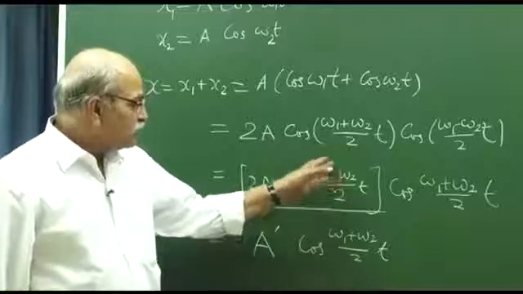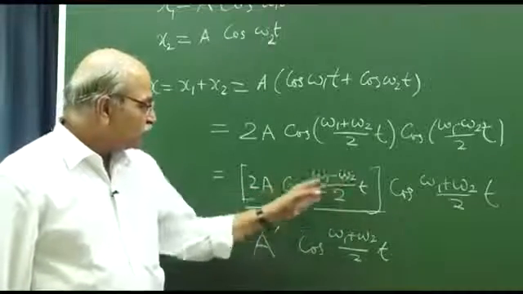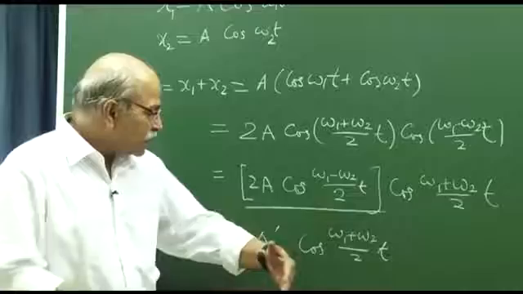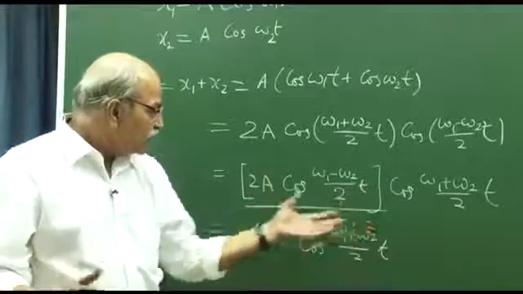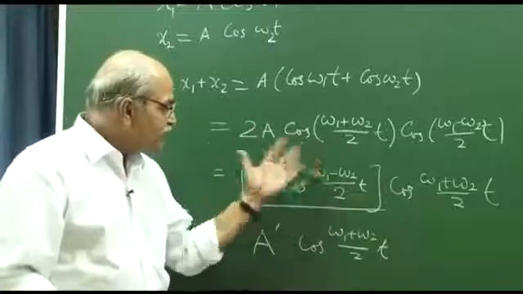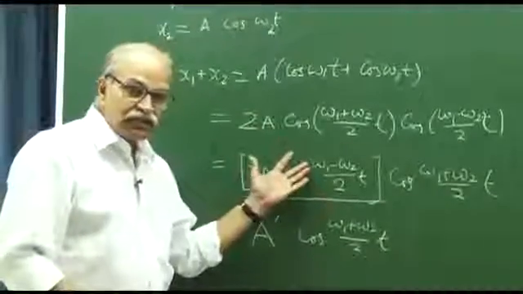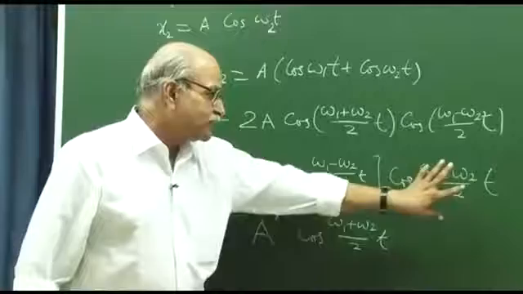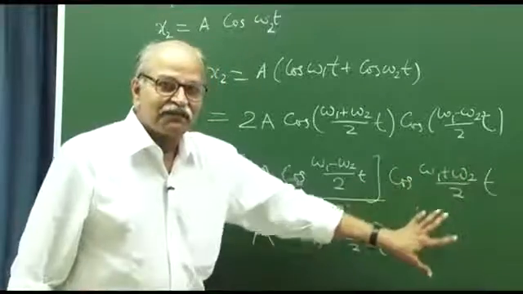So, the time period will be large because this frequency is small. So, over a large time the amplitude will gradually change, and the whole thing is oscillating with a mean frequency of something like that.